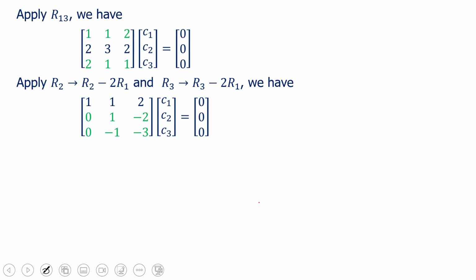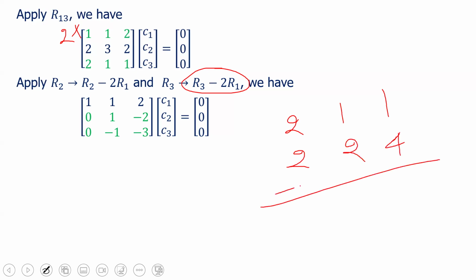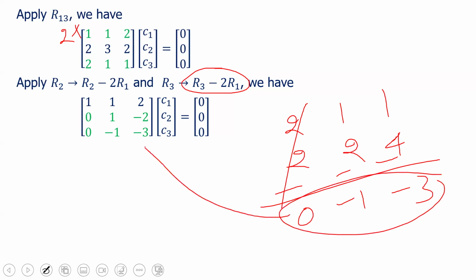Similarly, for R3 minus 2R1, R3 is 2, 1, 1. We multiply the first row by 2 and subtract: we get 0, minus 1, and minus 3. So the third row is converted in this manner.